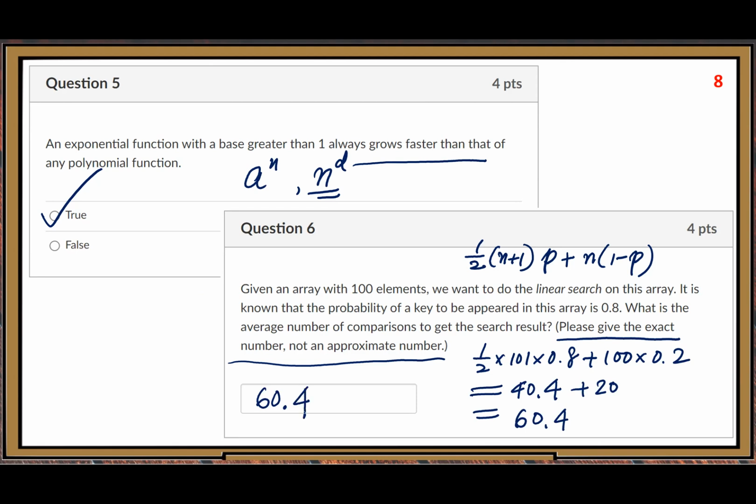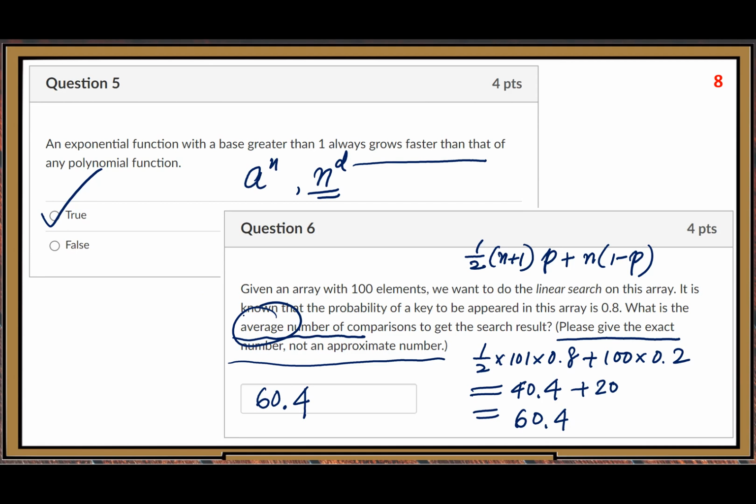But here the main thing is, I'm afraid some of you may drop that 0.4 because you feel the number of comparisons should be an integer. Although the number of comparisons should be an integer, when we talk about the average of certain integers, we do not require that average to be an integer. Usually it's not an integer. So don't drop the digits after the decimal point.